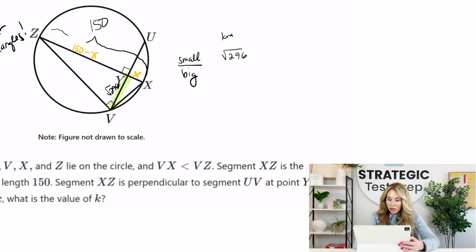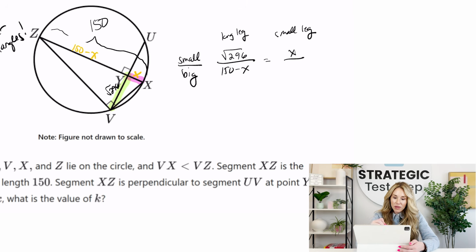So we put the long leg first. The big triangle's long leg is 150 minus x. Then we do the small leg. The small triangle's small leg, which is right here, is x. And the big triangle's small leg is actually the square root of 296.